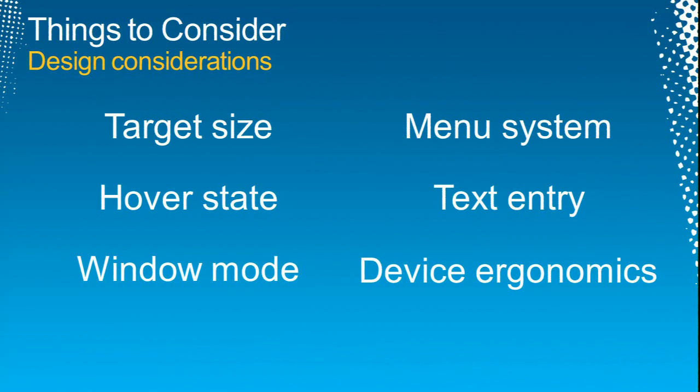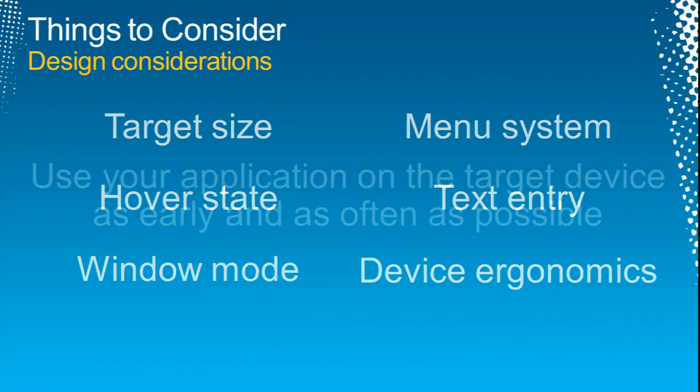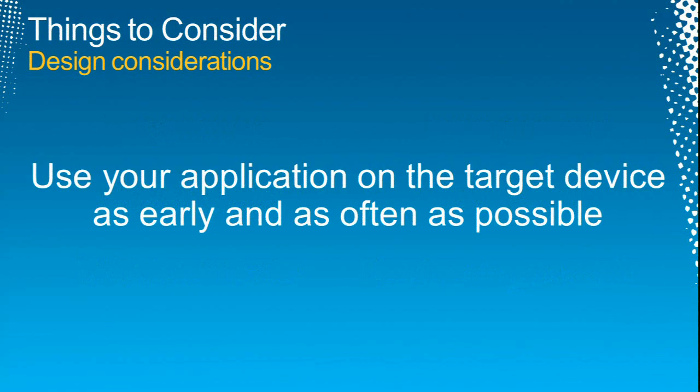If it's in a mall and someone is this close to you and I have to reach across to touch a control, that can be awkward. So I would always say, as early and as often as you can, use your application on the device it's actually going to be used on, in a situation as close as possible to the actual use.